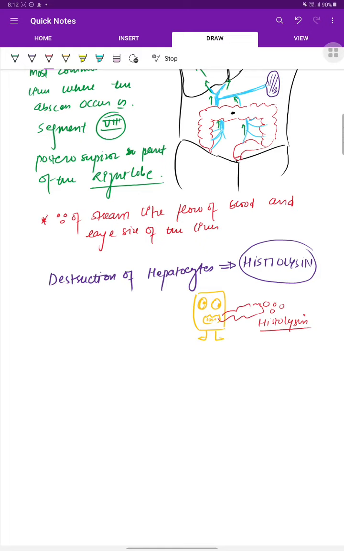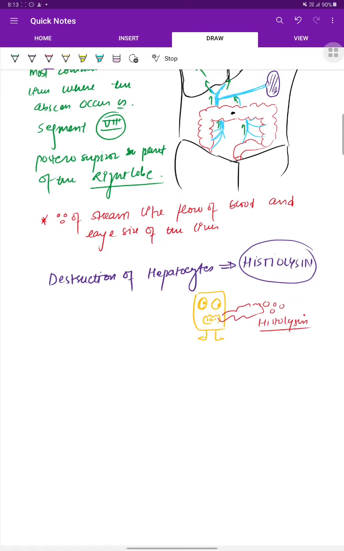Anchovy sauce or chocolate brown pus is a feature of amoebic liver abscess. It may sometimes be green if it is mixed with bile, or due to secondary infections. That doesn't matter, but it is the typical presentation of amoebic liver abscess. So this is the reason, and this is how it presents.